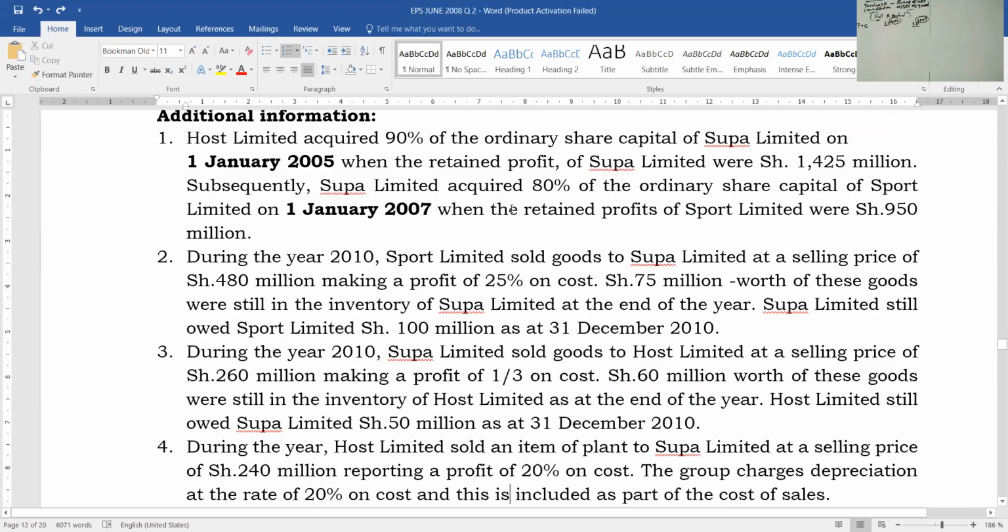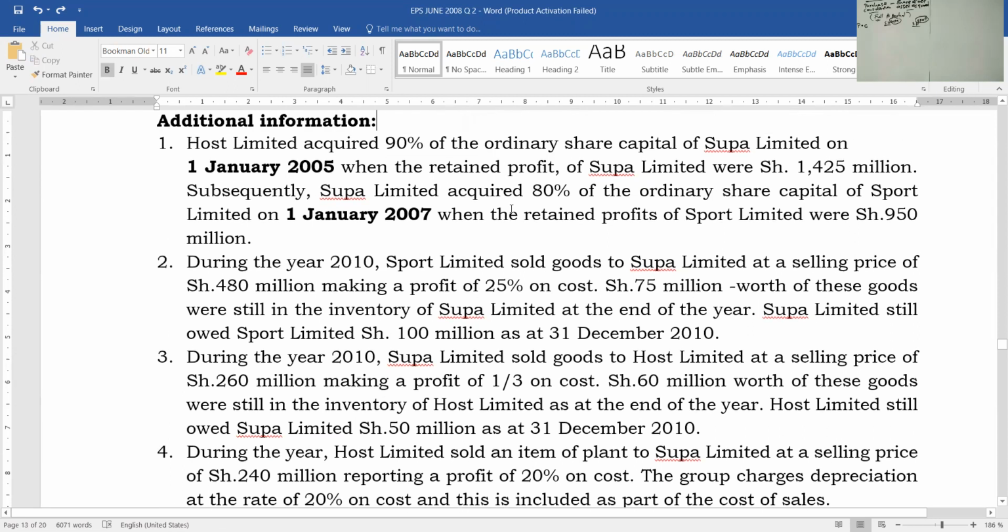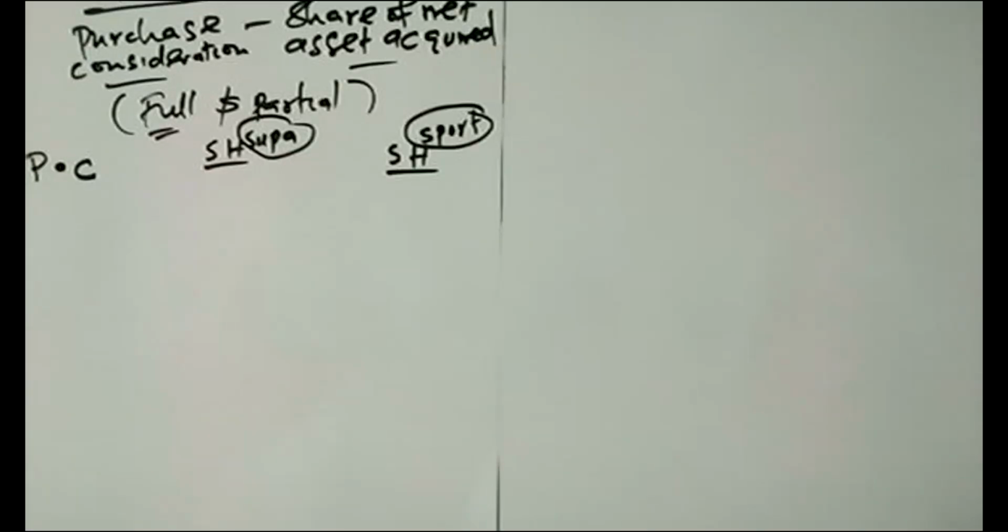According to note 1, you are told that Host Limited acquired 90% of the ordinary share capital of Super Limited on 1st January 2005. So that is the purchase consideration for Super.